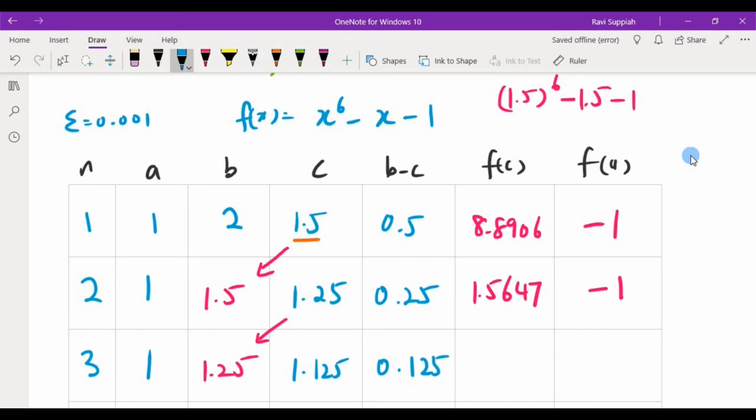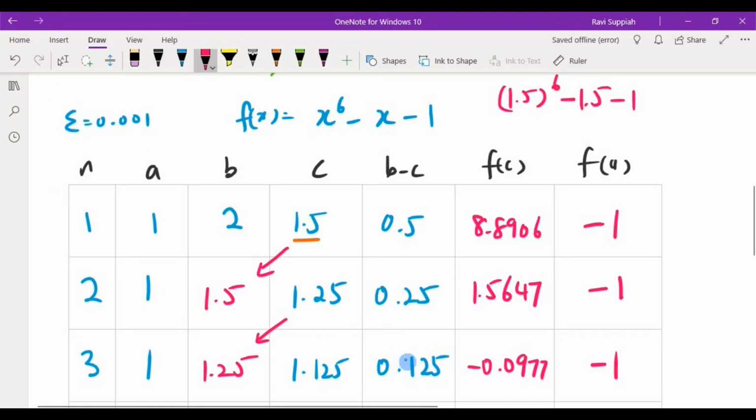And f of C is taking the C value and putting it inside here. I will get a value of negative 0.0977, and here I'll get negative 1. Now again we check if B minus C is less than or equal to epsilon.